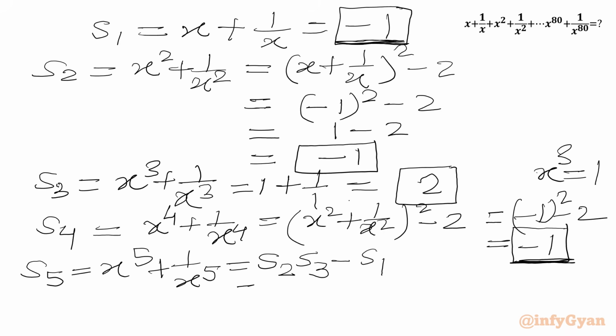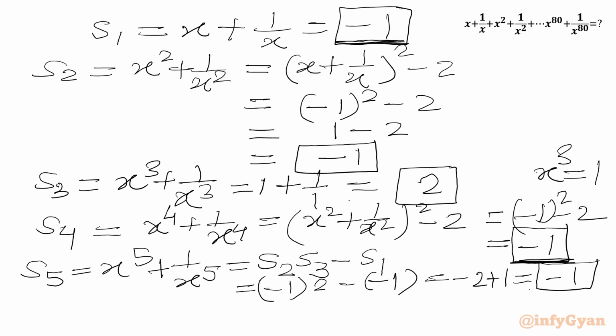Let's plug in all the values. S2 is negative 1, S3 is 2, and S1 is also negative 1. So we are going to get minus 2 plus 1. Now you can see here minus 1. It is the same as S2. S4 is S1, S5 is S2.